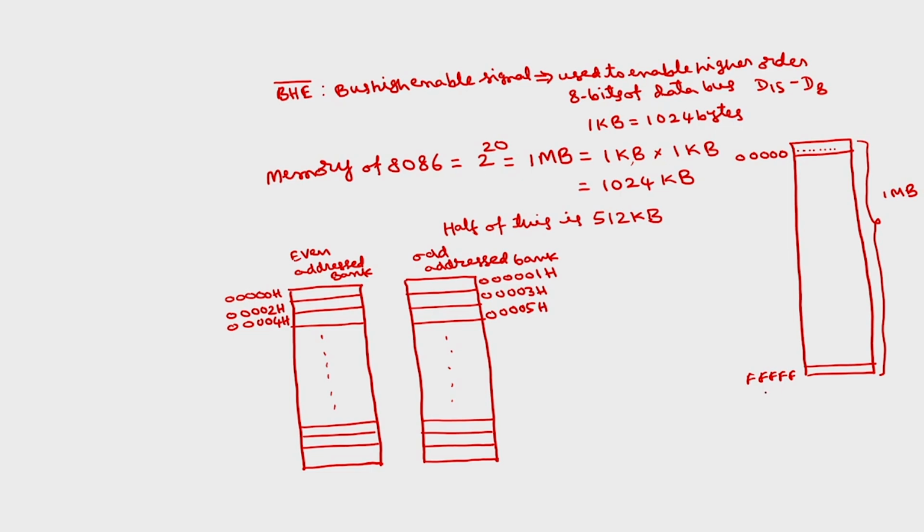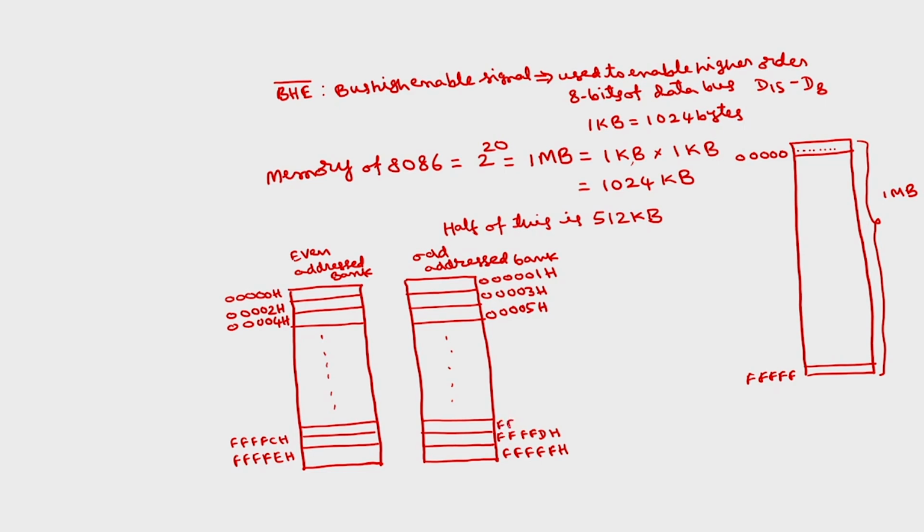FFFFFH? This is an odd address. So the odd address will be here, because starting with here it has to end with this. Okay. So this is the odd address. FFFFFH will be the odd address. The one address which is before this one is FFFFEH, and the one before this is FFFFDH, and this one will be FFFFCH.